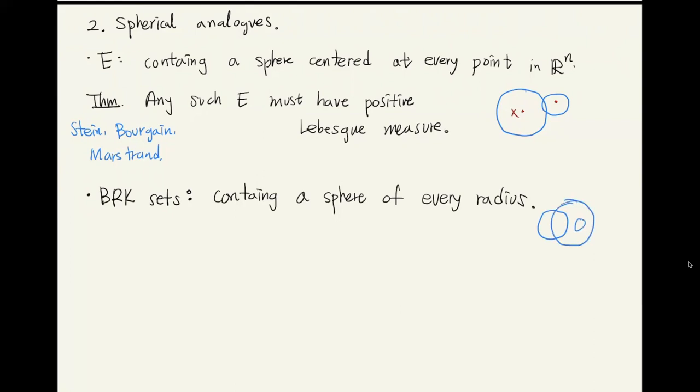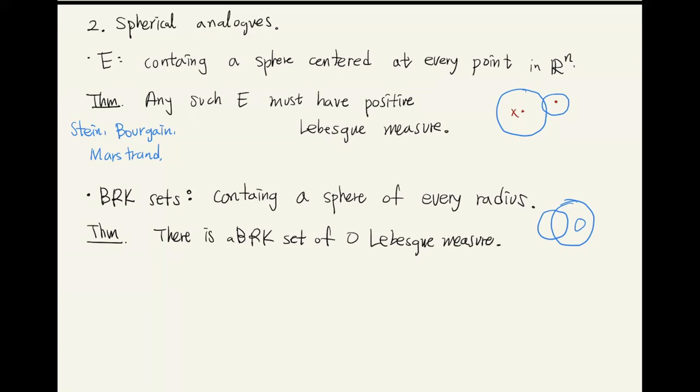Those sets are called Besicovitch–Rado–Kinney sets. And one can also ask whether there are such sets of zero Lebesgue measure. And this time, the answer is yes. There is a Besicovitch–Rado–Kinney set of zero Lebesgue measure.